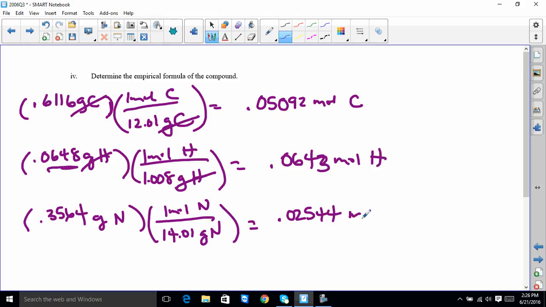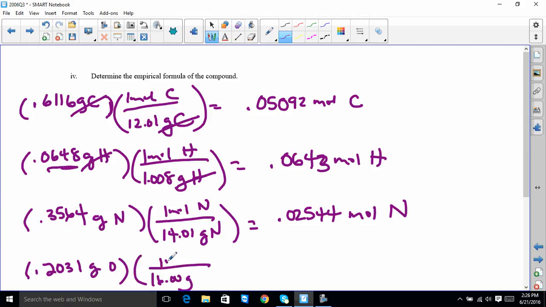0.02544 moles of nitrogen. And then finally, oxygen is 0.2031 grams of oxygen. And I know that there's 16 grams in 1 mole of oxygen. And when I do that, I end up with 0.01269 moles of oxygen.